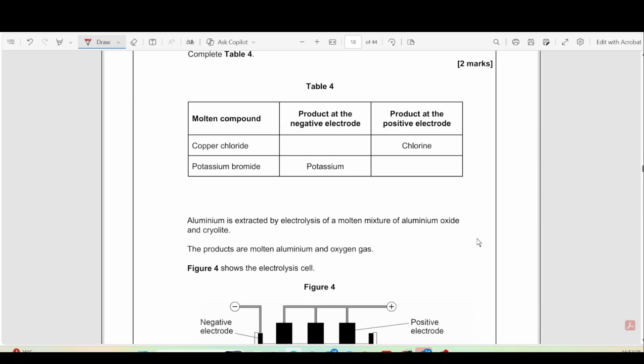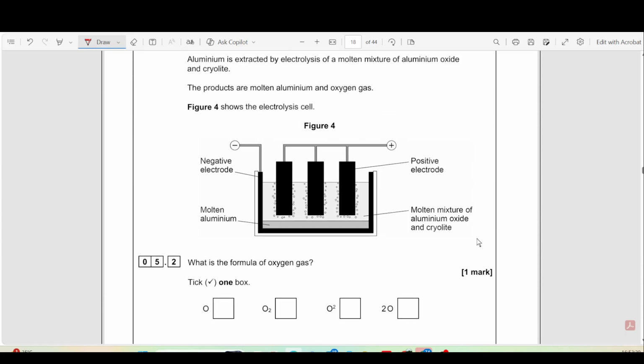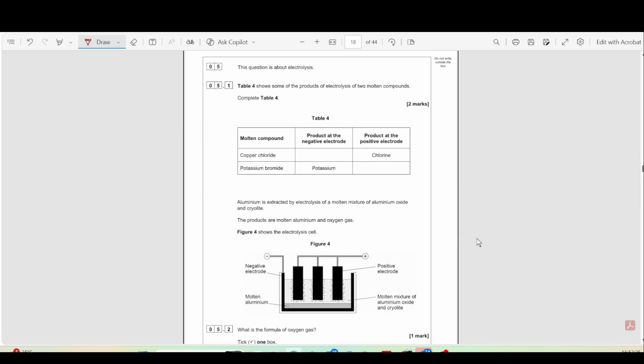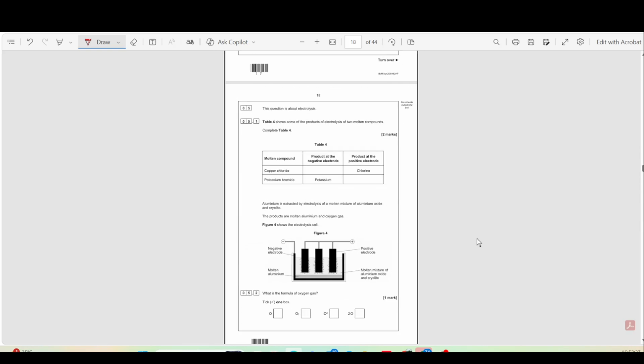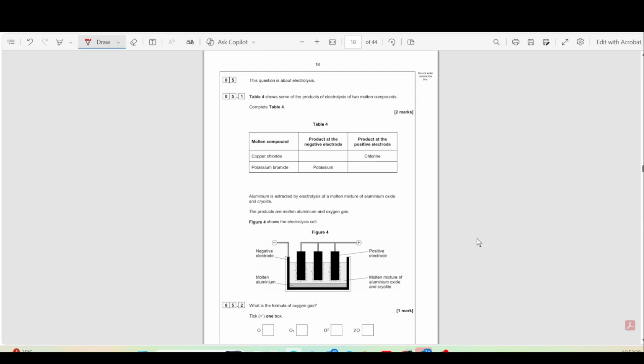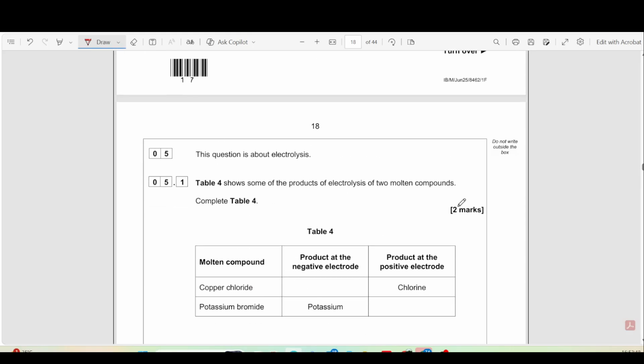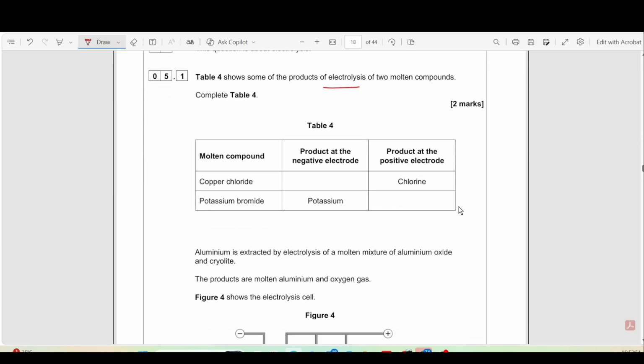Okay, the next one is this. Let me just zoom it. So this question is about electrolysis, and table 4 is showing some of the products of electrolysis of two molten compounds, and we have to complete the table.